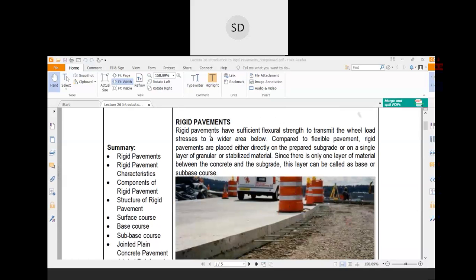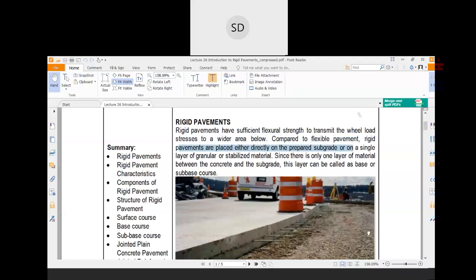Rigid pavements have sufficient flexural strength to transmit the wheel load stress to a wider area below. For this reason, generally rigid pavements are directly constructed over the compacted subgrade layer. Compared to flexible pavement, rigid pavements are placed either directly on the prepared subgrade or on a single layer of granular or stabilized material.